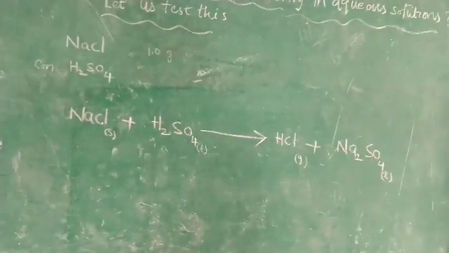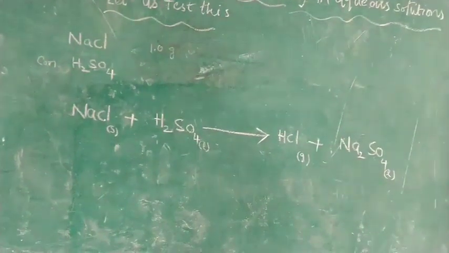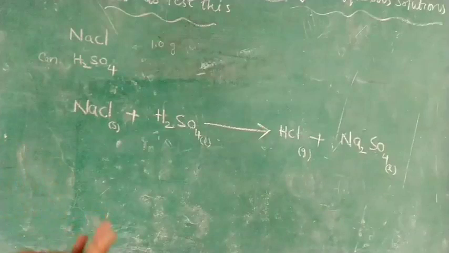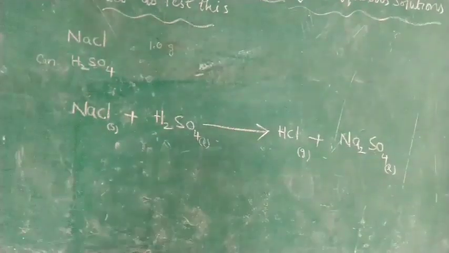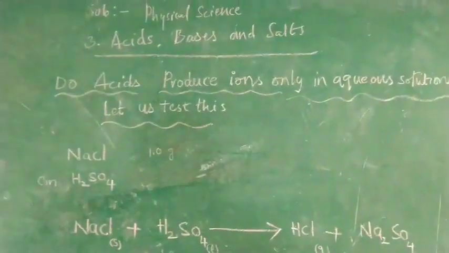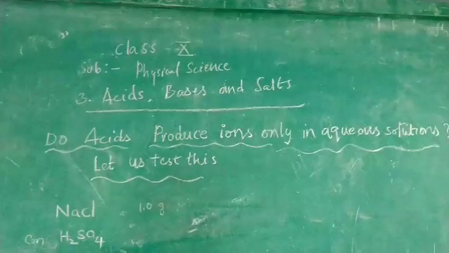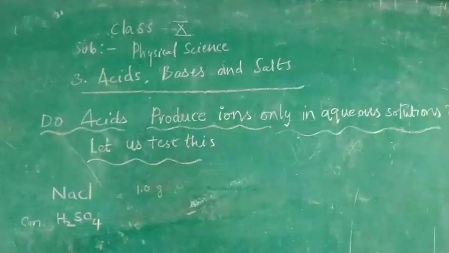For balancing, the left hand side is called the reactants and the right hand side the products. According to the law of conservation, the atoms before the reaction and after the reaction must remain the same.